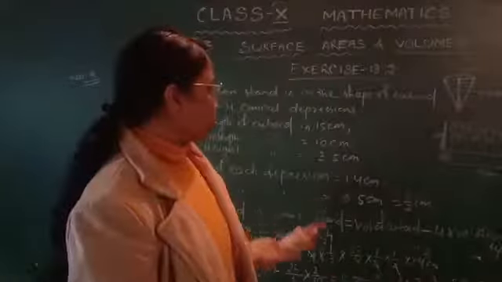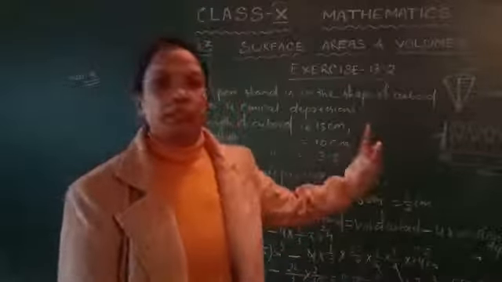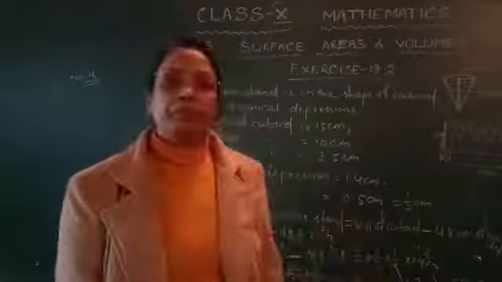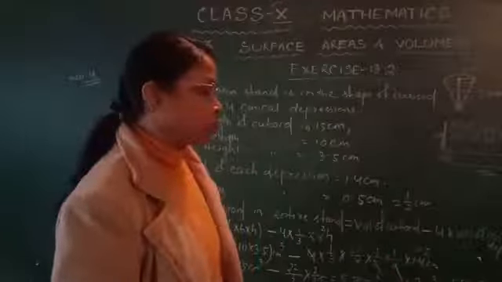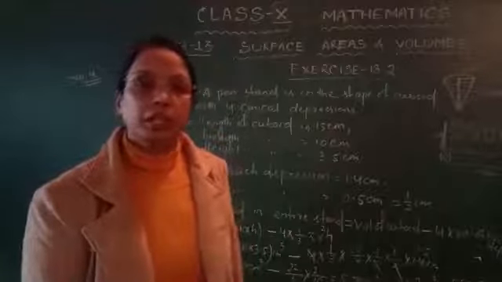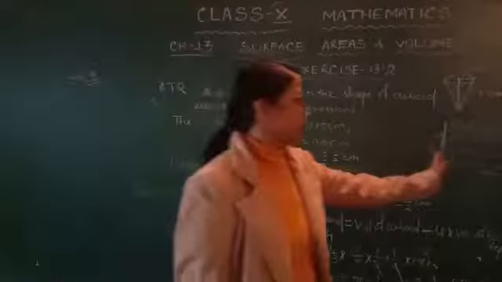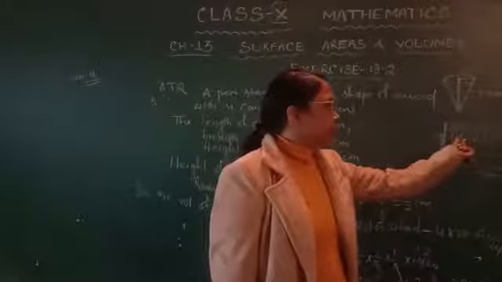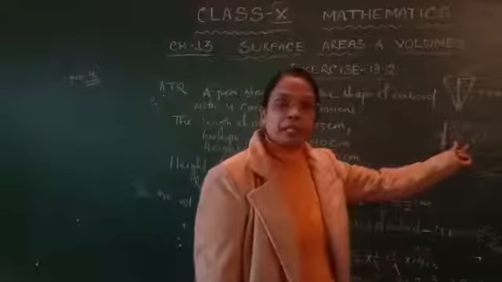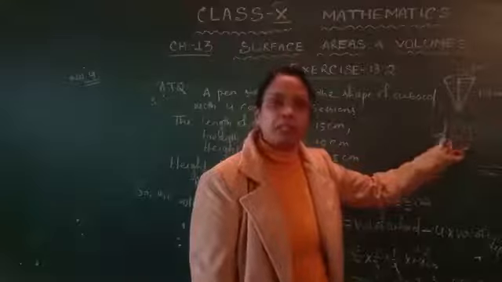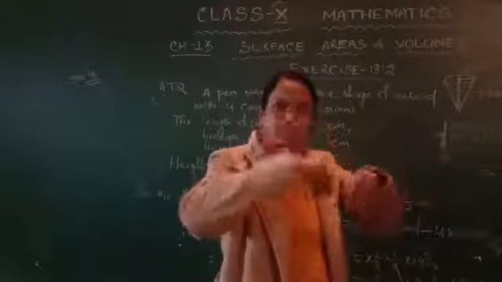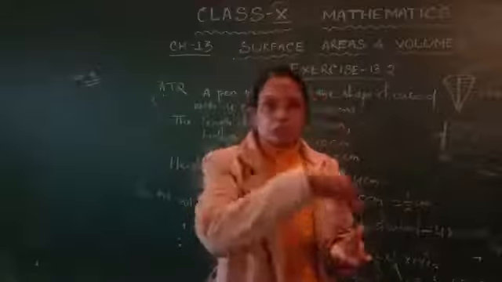So the volume of wood in the entire pen stand is equal to 523.53 centimeter cube. Again, you see, first you find the volume of the cuboid, and there are 4 depressions, each in the shape of a cone. The depressions mean there are 4 holes.